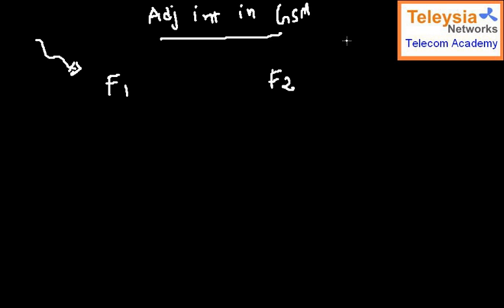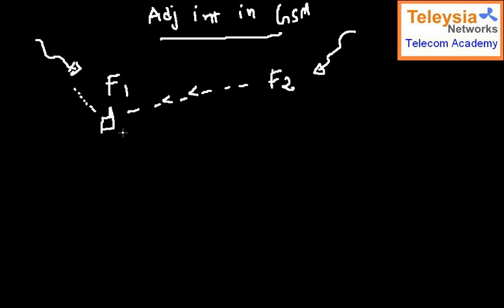So you can see here we have two cells, one cell has the F1 frequency, the other cell has the F2 frequency. Because of propagation or the height of the antenna, or for any reason, assume that at this location where I am standing, I am supposed to get the signal strength or dominance from F1, but somehow F2 is also coming here.